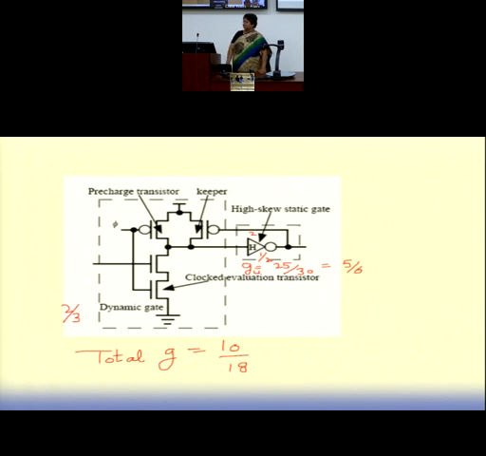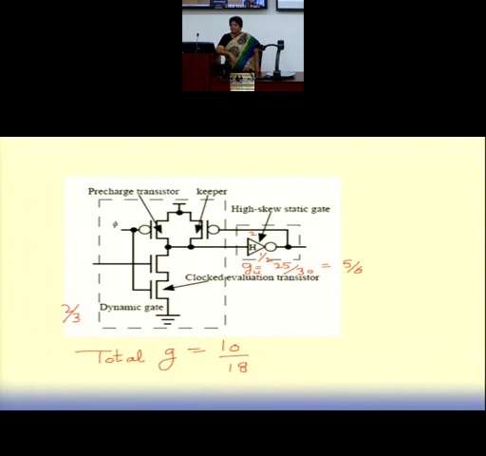Clear? So if it is a domino gate and we have a dynamic gate followed by a high skew inverter, the G for this stage is 2 by 3 and the G for this stage is how much? Remember how do we design a high skew gate? High skew favors the high going transition, so pull up should be stronger.